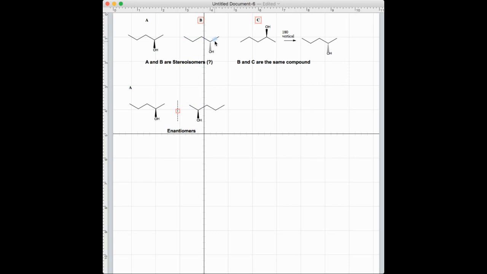If you look at the carbon pattern in B and the carbon pattern in A, should I do a vertical flipping here, or is it okay to compare?